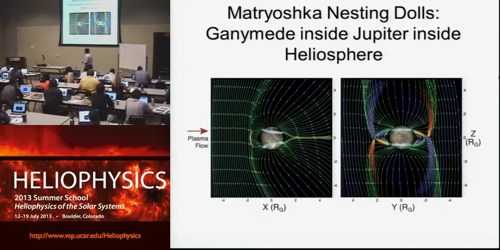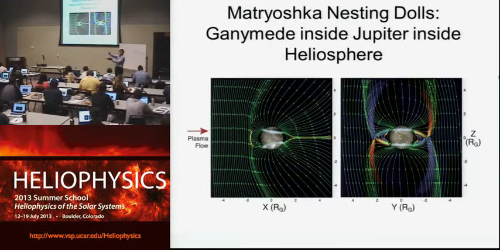One of the cool things about planetary magnetospheres is that we now have discovered that there are satellite magnetospheres. Ganymede, one of the Galilean moons, has an intrinsic magnetic field. And so it's a magnetic field that's embedded in the Jovian magnetosphere. So you have the Ganymede magnetosphere in the Jovian magnetosphere, but now it's orbiting Jupiter.